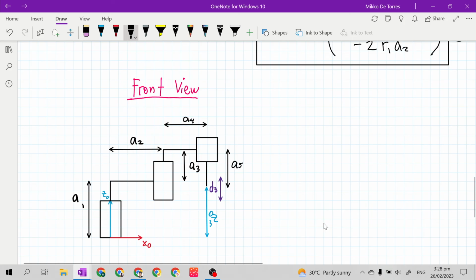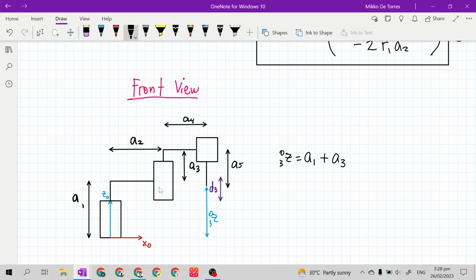Now to solve for D sub 3, we can derive that Z03 is equal to positive A sub 1 plus A sub 3.